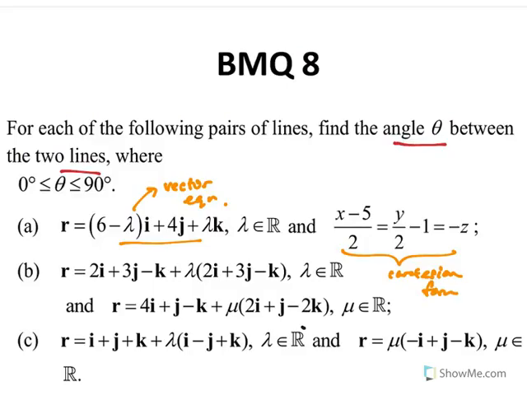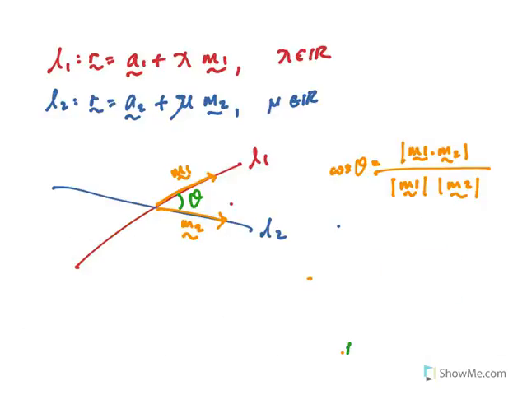Similarly for part B, the first line is 2, 3, negative 1 plus lambda times 2, 3, negative 1, and the second line is 4, 1, negative 1 plus mu times 2, 1, negative 1. Let's write our equations out neatly.